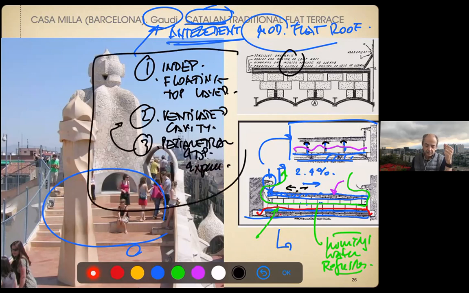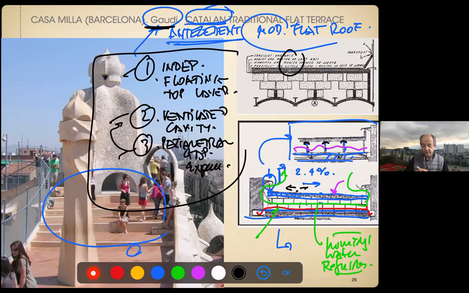So this structural independence, this ventilation, and this perimetral gap are three very basic features we use in modern roofs, right? So interesting thing, and interesting to see how Gaudi used that traditional technique to make an architecture which is already starting to be modern.